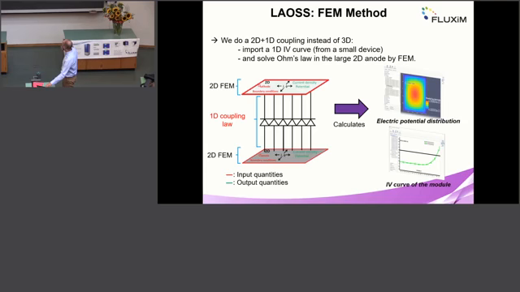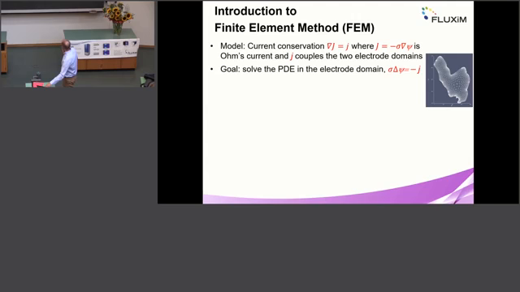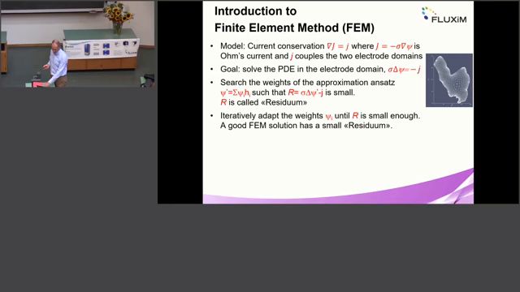So there's the OLED stack below. And then we assume Ohm's law for the current expression here. And then entering this into this equation, we end up with the Laplacian of the potential psi equal to minus j, where small j is the coupling law.